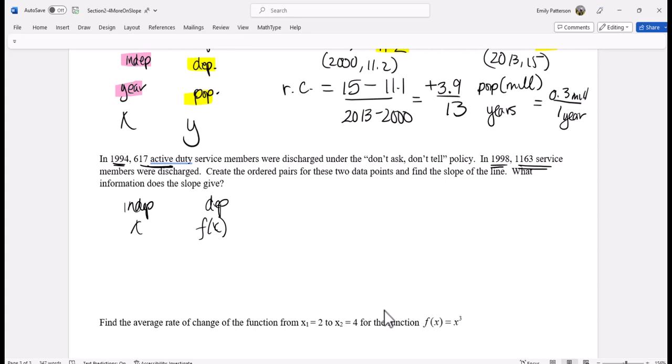So the x is going to be our time. Again, a lot of the time, time is independent. And then our dependent value, well, depending on the year, we can estimate with our modeling what the service members discharged was going to be.